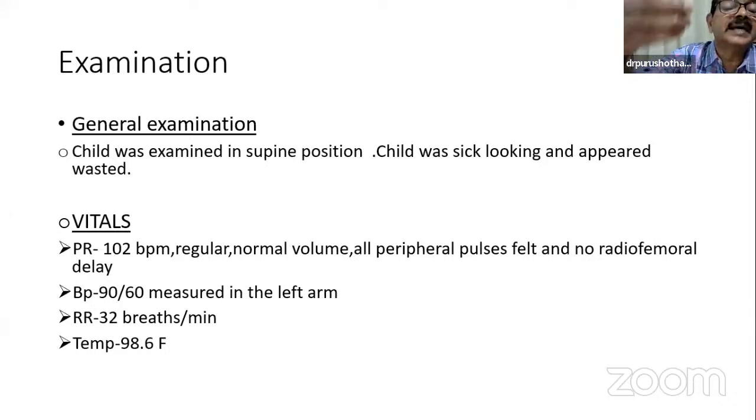Suppose there is a point in the general examination which is arguing for a degenerative disorder, like your skin changes or hair changes, a large tongue, something like that, or a corneal haziness. That means it's not a static disorder, it is something else. So in the general examination, on seeing itself, you can tell that you are not dealing with a static disorder.